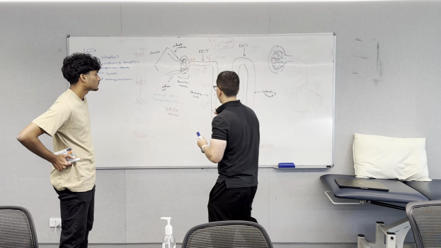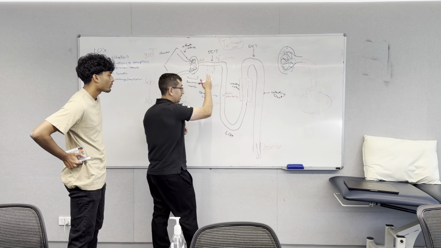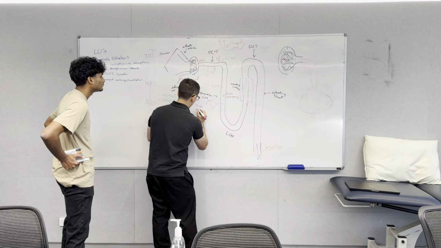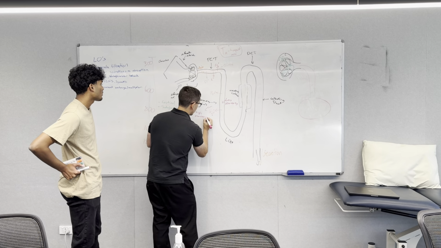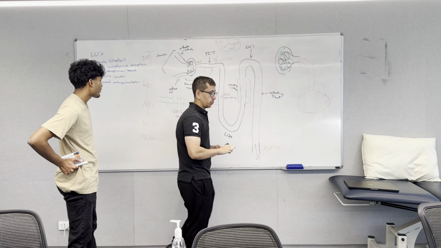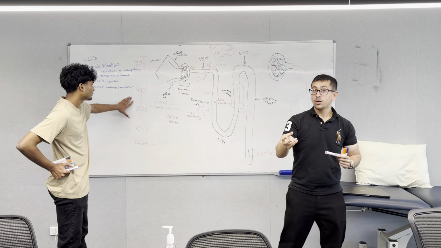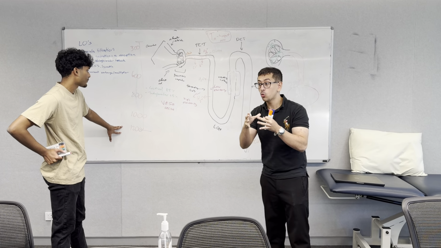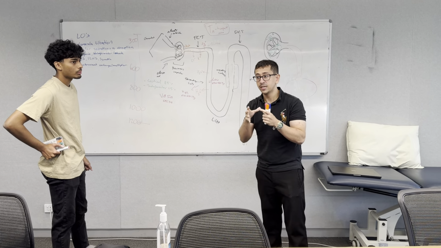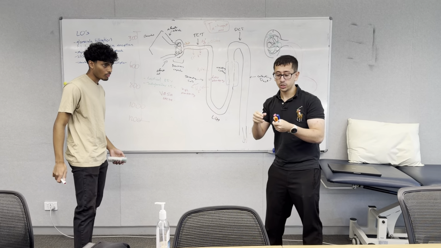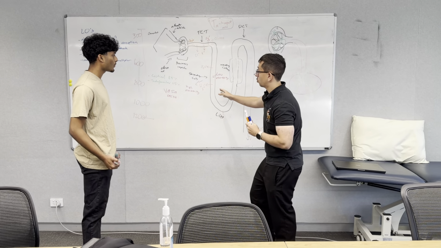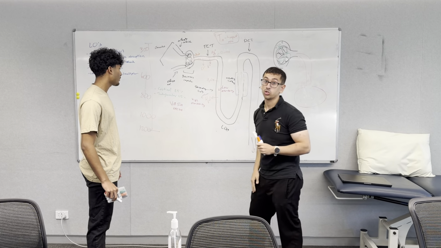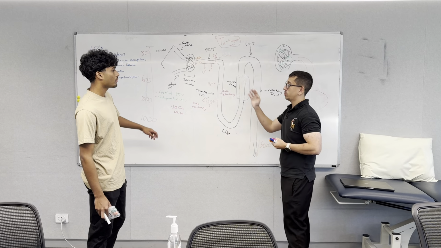Now compared to the outside, the interstitial space, we have high osmolarity. What does that mean? A high amount of solutes within that space. Remember, where there's a high amount of solutes, because it's so concentrated, there's so much, let's say, sodium and chloride in it, water will follow to dilute it. So that's why the water is coming out, from low osmolarity to high osmolarity, to try to dilute and decrease the osmolarity there.